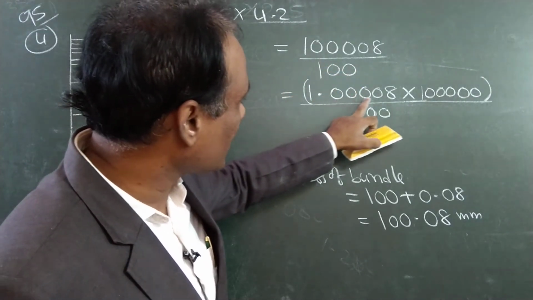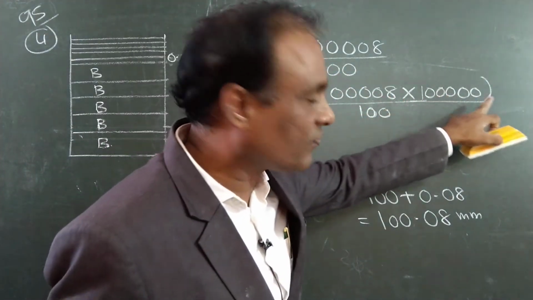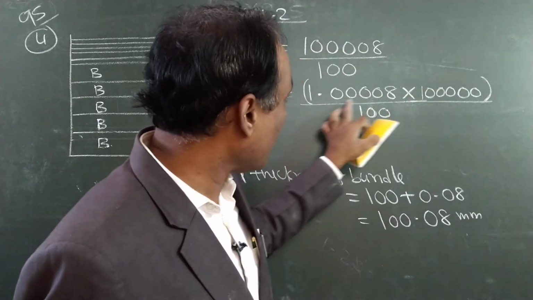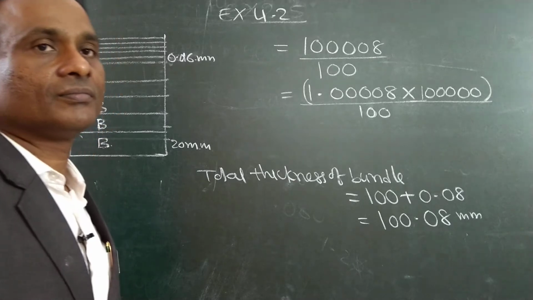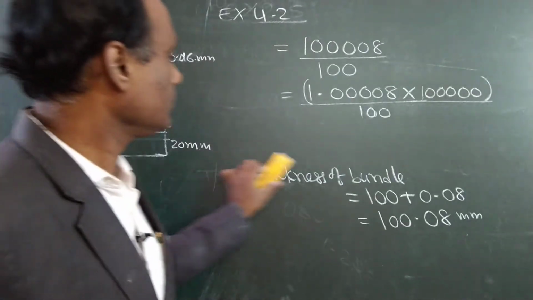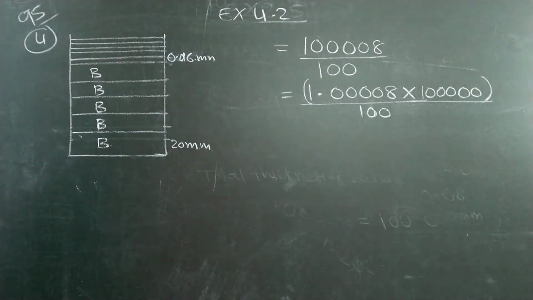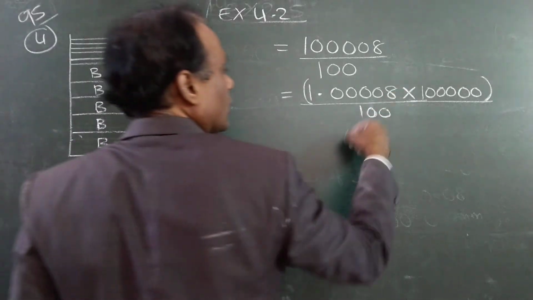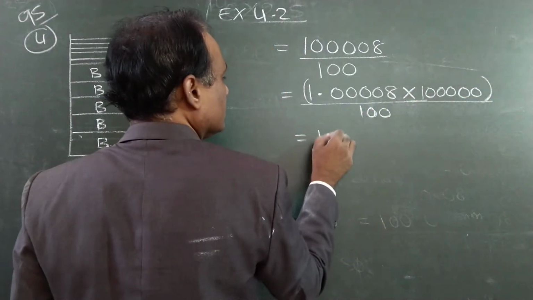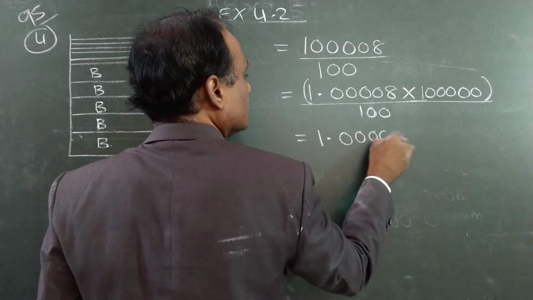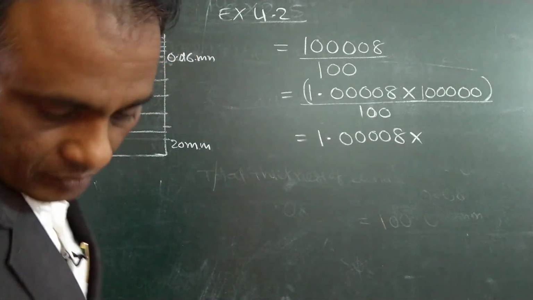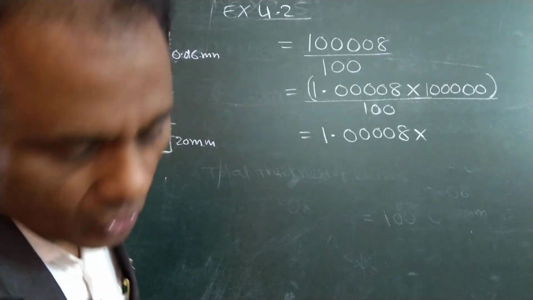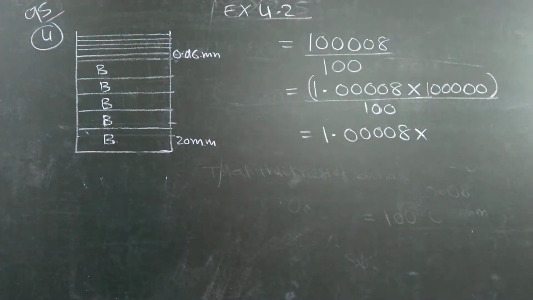After the decimal I am keeping 5 digits, so I have to write 5 zeros. If you multiply these two, we will get this one. 2 zeros cancel, and 3 zeros are left.